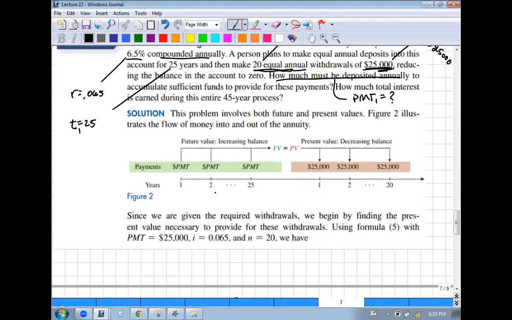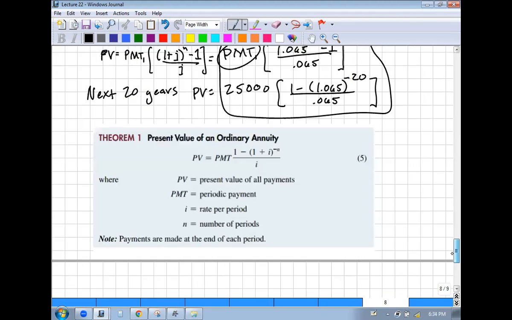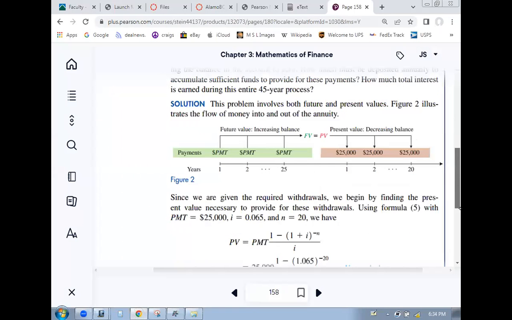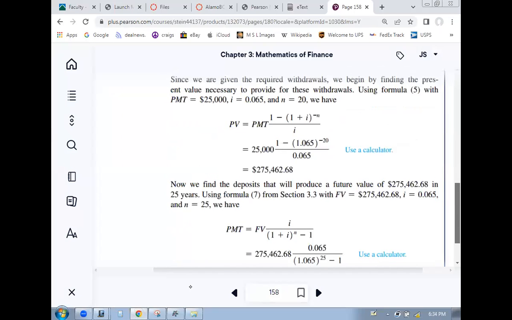So here's your first 25 years, and at the end, you have a future value. So the formula from last section equals the formula from this section. This one has t equals 25, the other one has t equals 20. You just plug them into your equations and set them equal to one another. After that, the math is simple.